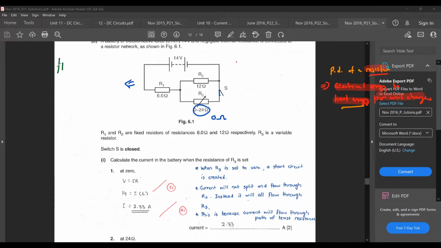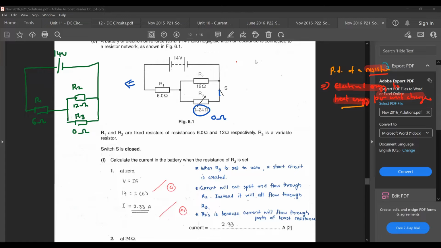This is 14 volts. This one is R1 at 6 ohm. Then this one is R2 at 12 ohms. And then this one here is R3 at 0 ohms. Switch S by right is closed, so nothing to it there.